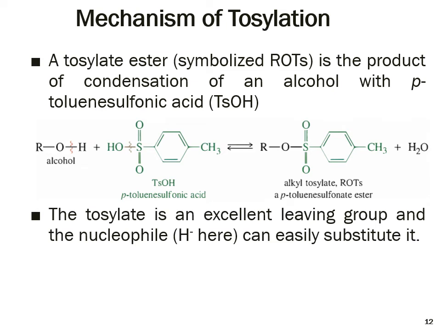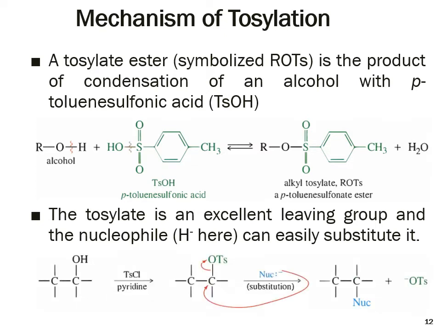So now this tosylate is an excellent leaving group and it can be removed here by the attack of a powerful nucleophile. So we can use hydride as a nucleophile here and can easily substitute this whole tosylate group.